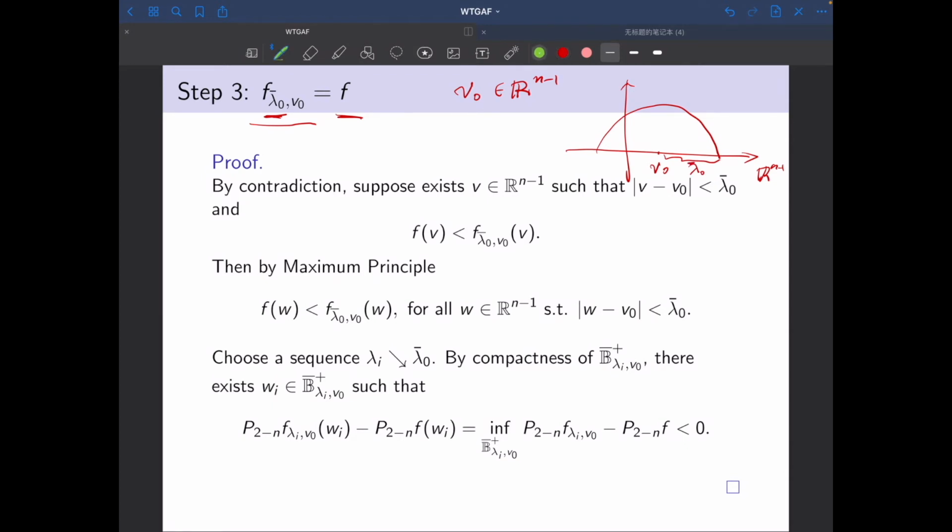And if we suppose there is a point V such that the distance from V to V naught is less than the radius, and also V is on the boundary, then if there is such a point V, actually all the points W over here are going to satisfy this inequality.